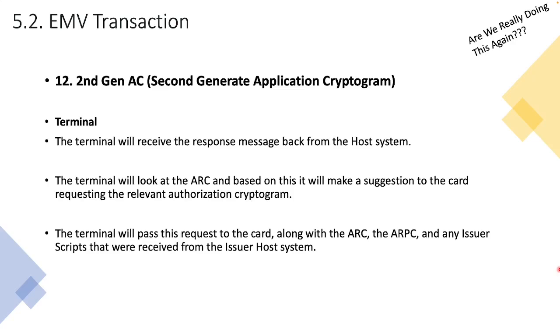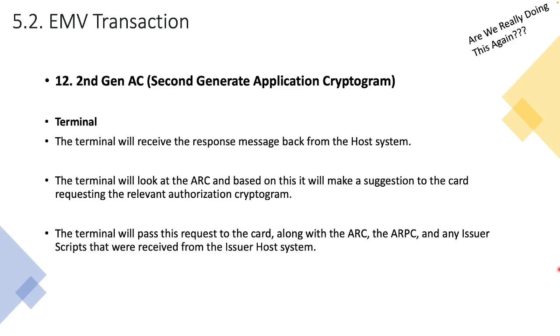And at this point, had the issuer host included any issuer scripts that it wanted to be applied to the card, the terminal would need to pass it on to the card as well. Okay, so basically the terminal will pass back the issuer decision, it'll pass back the ARPC, the actual cryptogram, and it'll pass through any issuer scripts that it receives from the issuer host system.